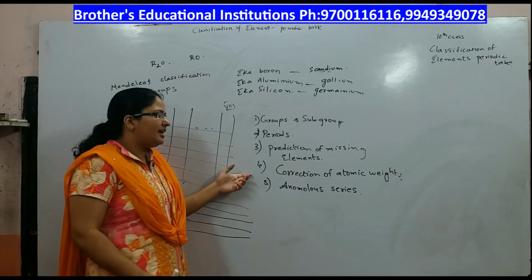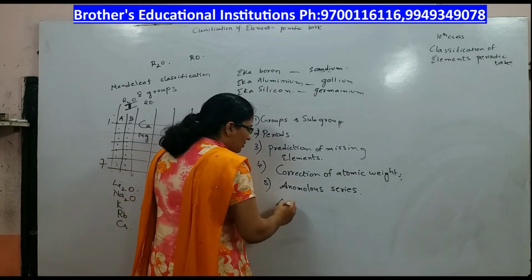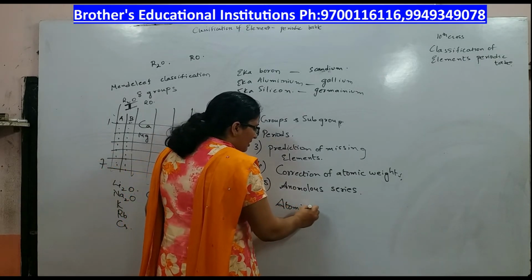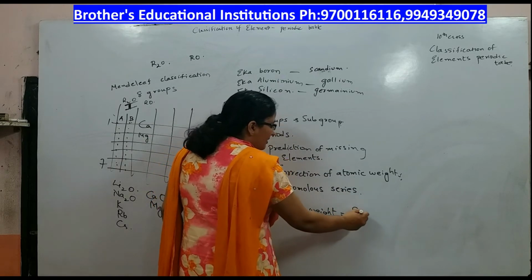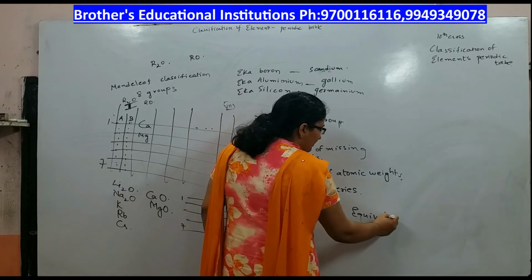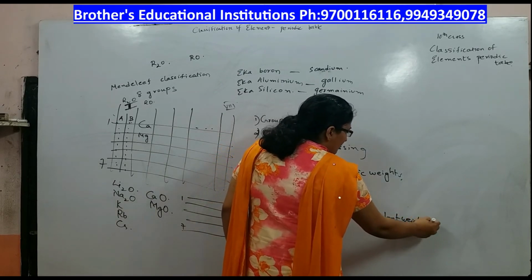Next, he corrected the atomic weight of certain elements. Atomic weight is equal to equivalent weight into valency.